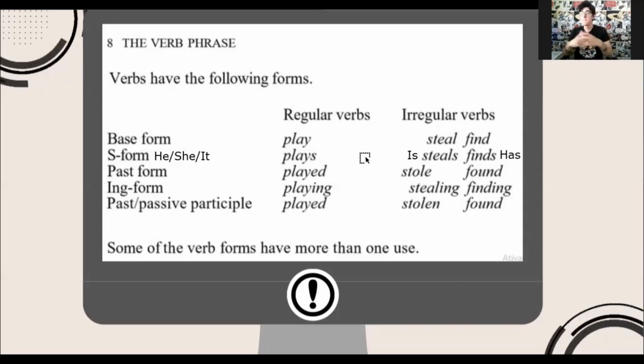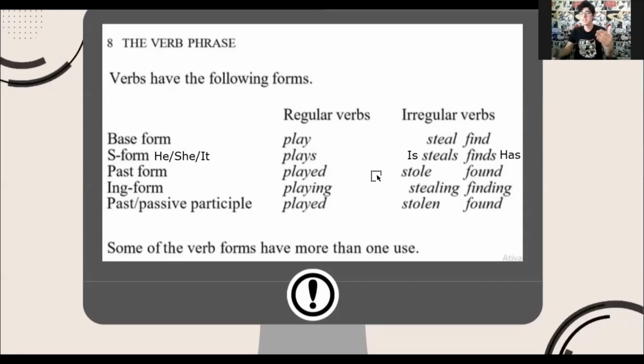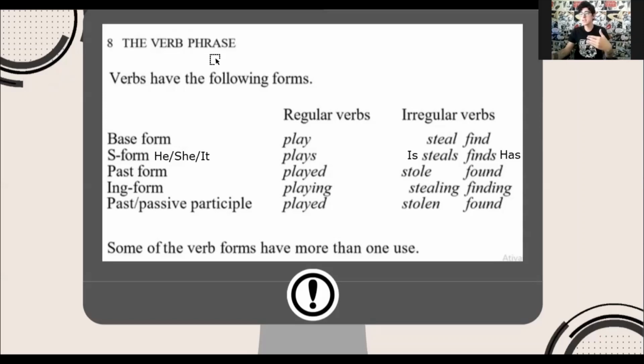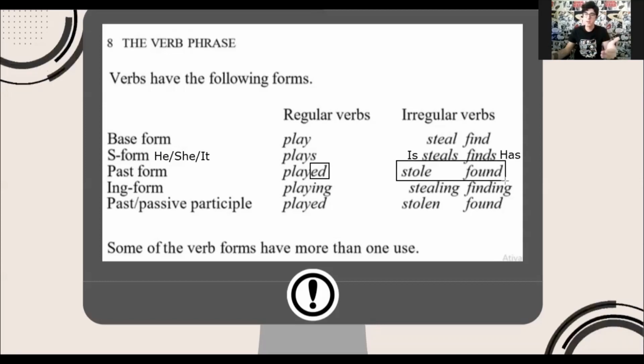Okay, past form. For the past form, we have the ed at the end of a verb. So I add an ed at the end of this verb. But for the irregular ones, again, no rule, no pattern, memorize it. Okay, ing form: at the end of a verb, we add ing.